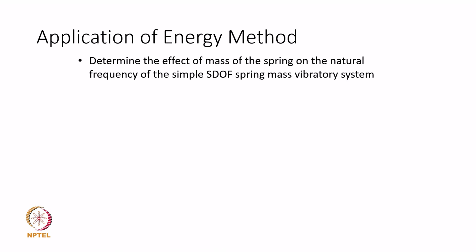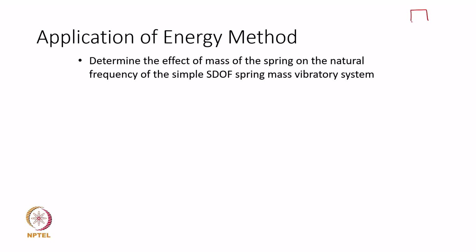Let us now also look at how we can use this energy method in solving some other practical examples, and maybe before we take up another practical example, we will try to see how the effect of the mass of the spring influences the natural frequency. We have been assuming that when we generate the governing equation for such a simple spring mass system, this spring is massless.